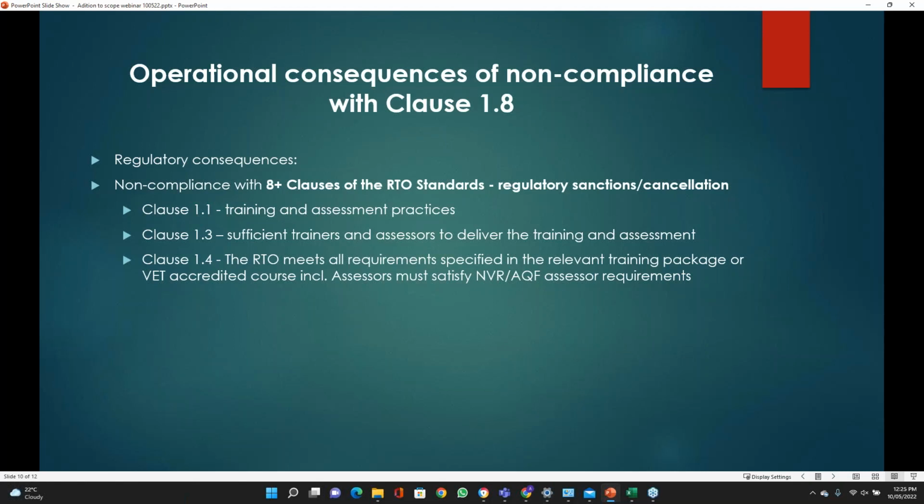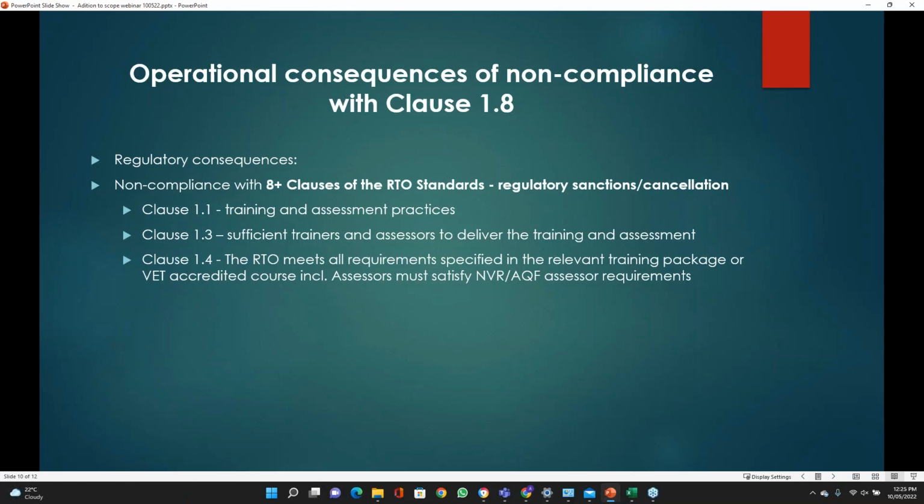Having said that, with ASQA's current audit practices, that is very, very unlikely. In fact, we haven't seen many, if any, cases since 2020 where they will come in and automatically, at first instance, threaten a cancellation.